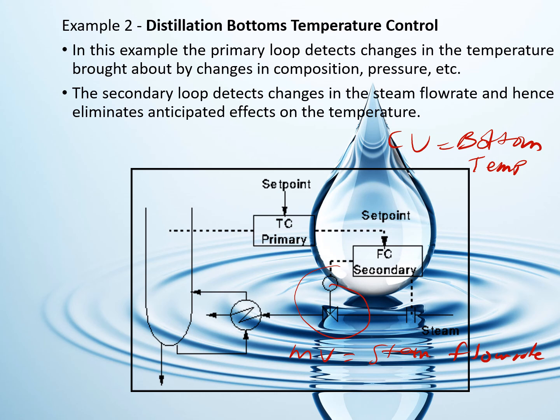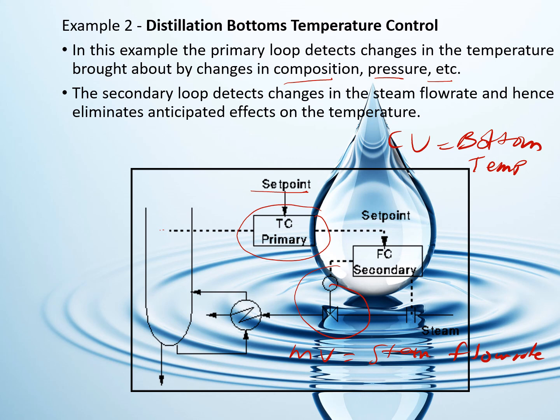Okay, so now I will explain the working principle of the cascade control. The primary controller here, also known as the master controller, will detect any changes or any deviation of the control variable from the set point. Normally the deviation is caused by changes in composition, pressure, and so on.